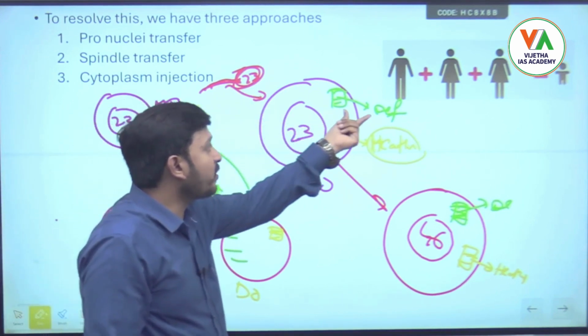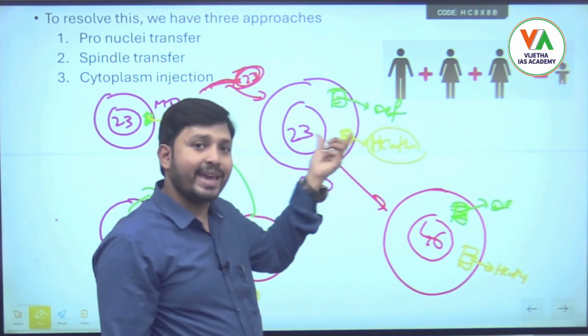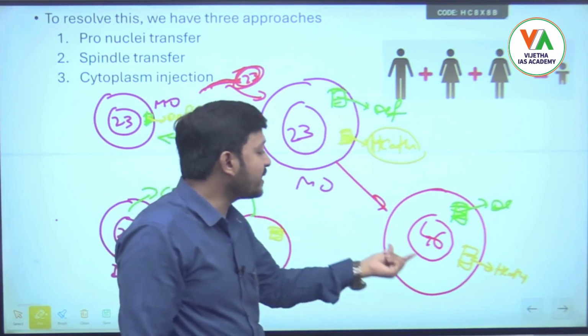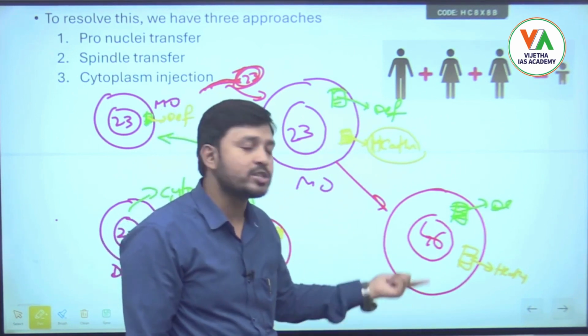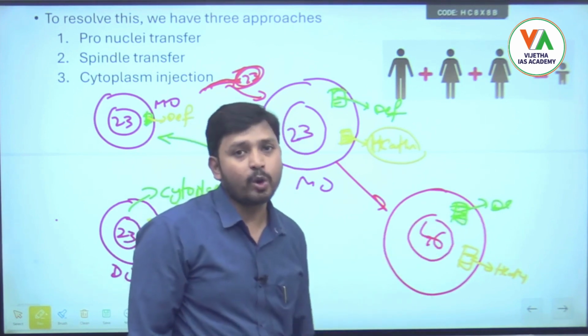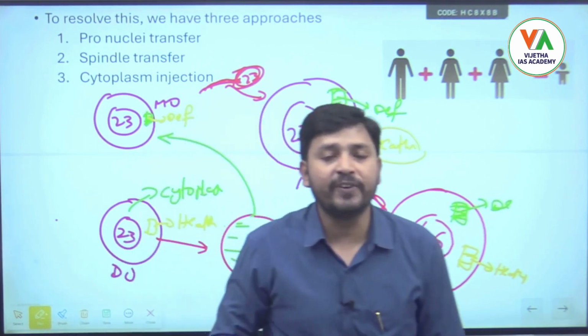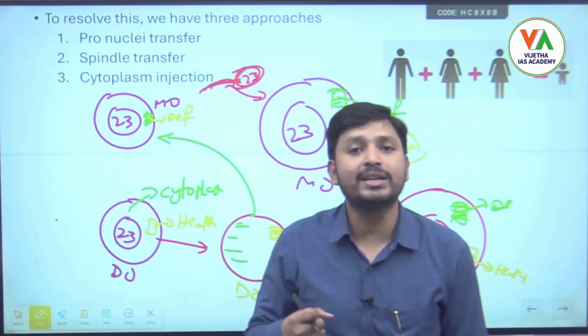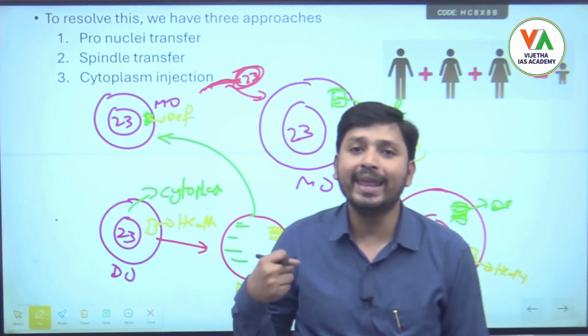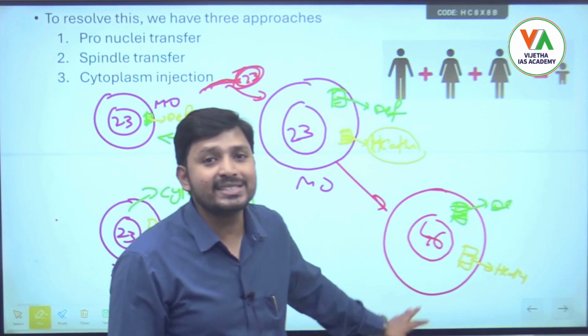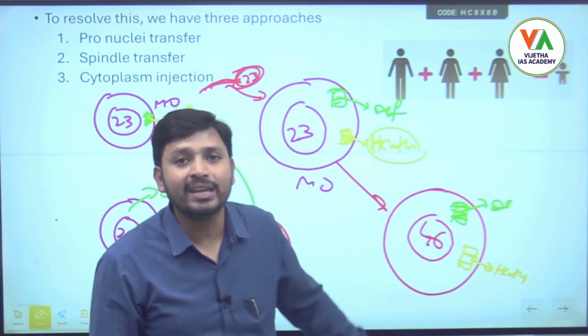So this defective mitochondria is still there in mother's ovum, which is converted into a zygote with defective mitochondria. So there is a probability that the child might get this Leigh syndrome.